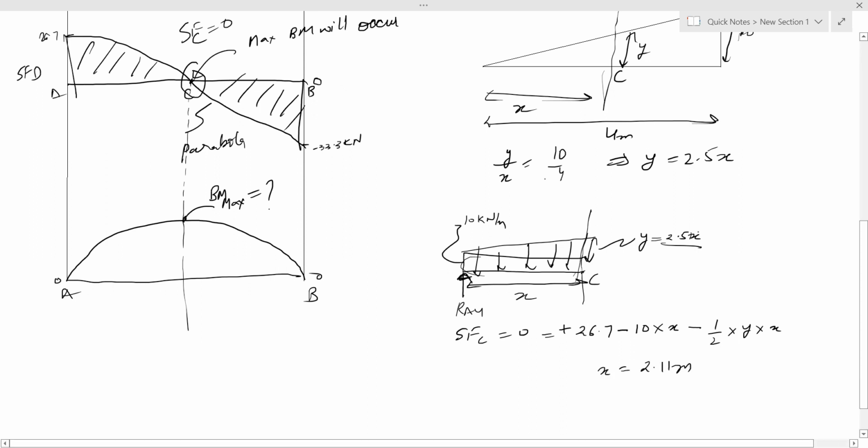So we have found the value of X and it is 2.11 meter.